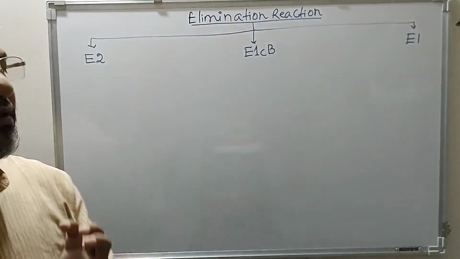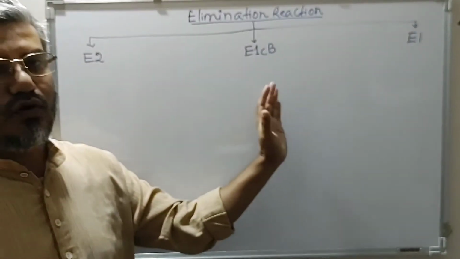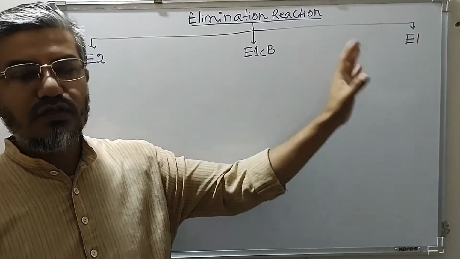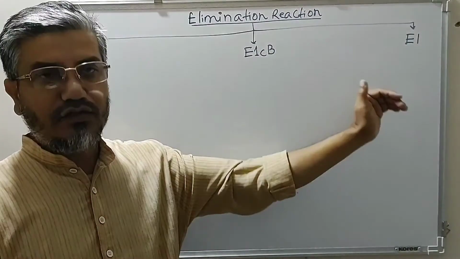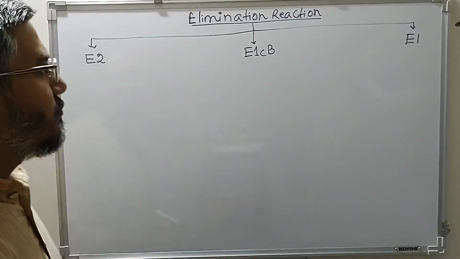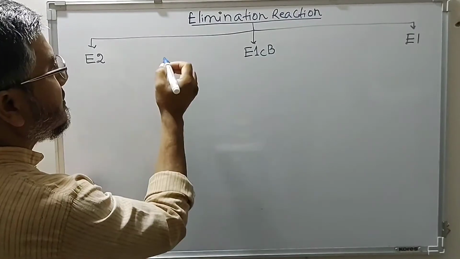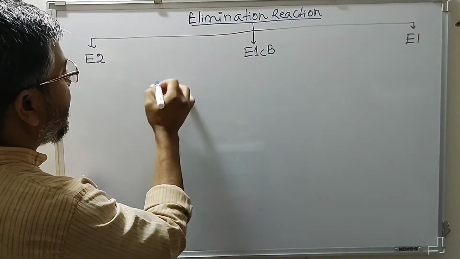So based on the difference in timing of the breaking of the carbon-hydrogen and carbon-halogen bonds, these are classified into three different pathways.